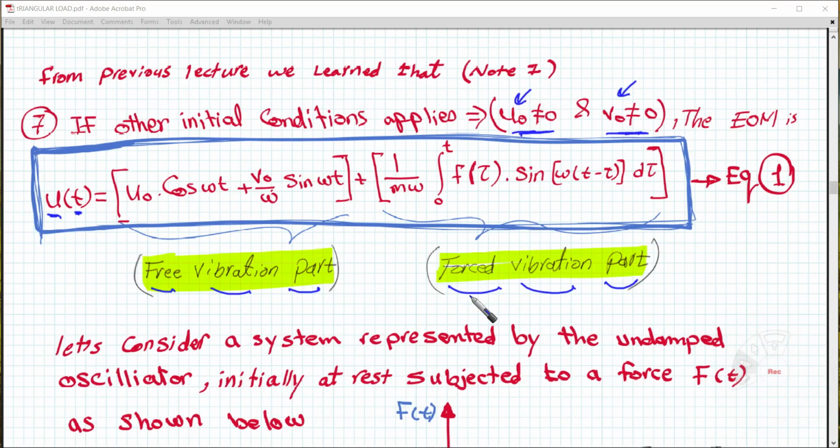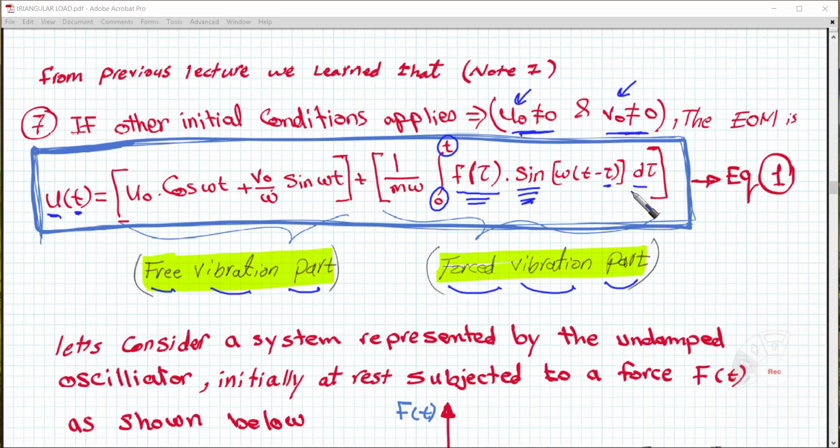For the forced vibration part, the main parameter used here is an integration from 0 to t, a limited integration, based on the function that we have, f of tau, and then a sinusoidal function, sine omega t minus tau, where tau is the time period before the start.